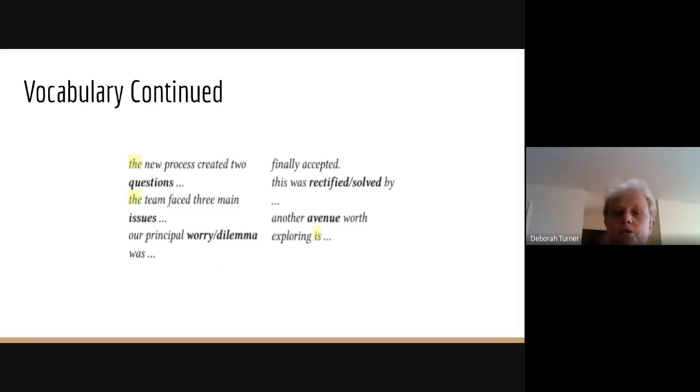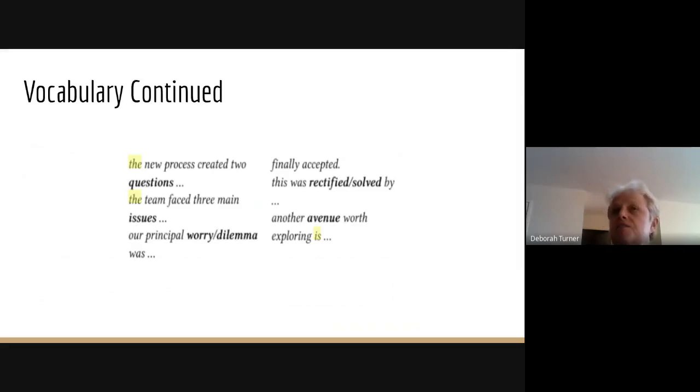All right, you can also use some of these words. A problem is also an issue. It could be a question. It could be a dilemma or a worry. Worry is not that common in academic work, but anyway. You can also talk about things being solved or rectified. Rectified means solved.